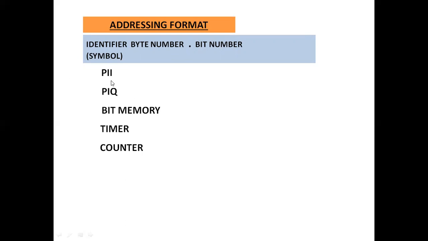So to give any address, or to identify your inputs, I cannot write the total name PII1, PII2 like that, right? You can simply use a symbol for this.